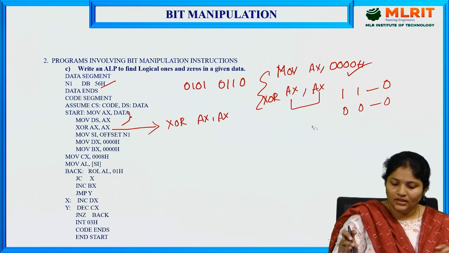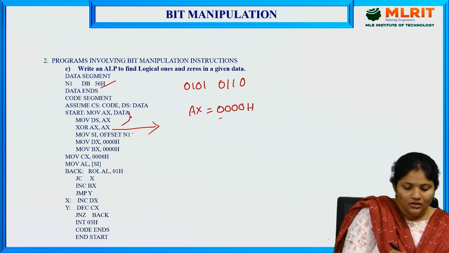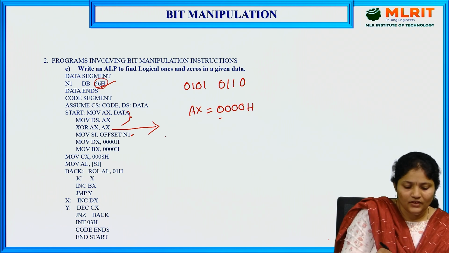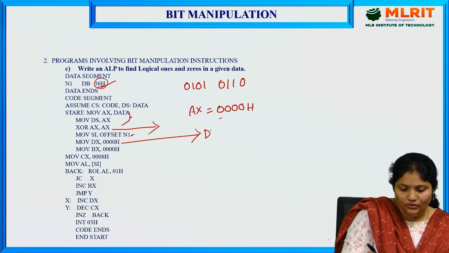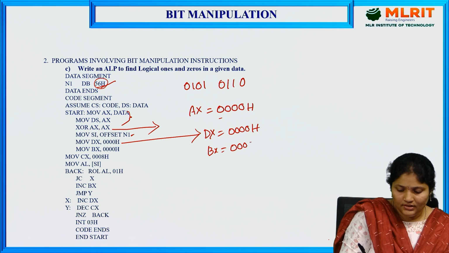So now the AX register will be filled with 0 0 0 0 H. Now the SI register will be filled with the offset. So 56 will be moved to it. Here, as I already told you, the DX register is 4 zeros, and the BX register is also reset. Why?